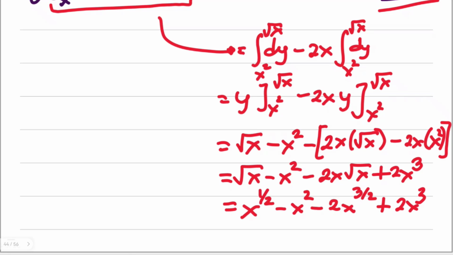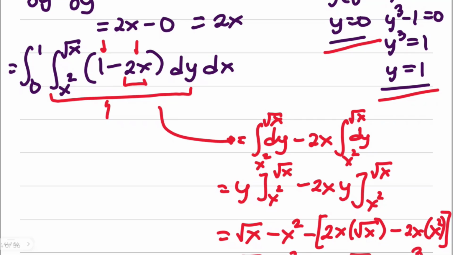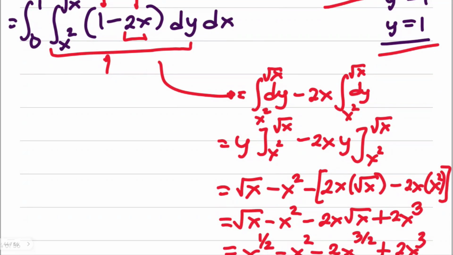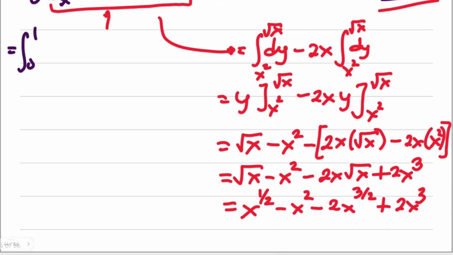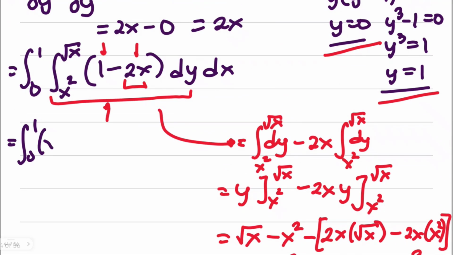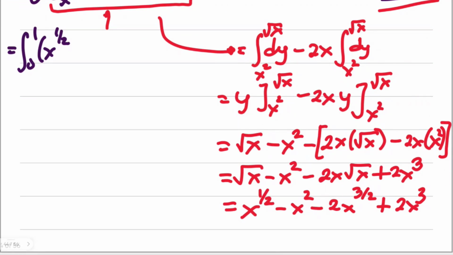Okay, that would be integrated here, because later on you will have now from 0 to 1 of this entire form, x to the power of 1/2 minus x squared minus 2x to the power of 3/2, and you have here plus 2x cubed. Okay, so that's dx.